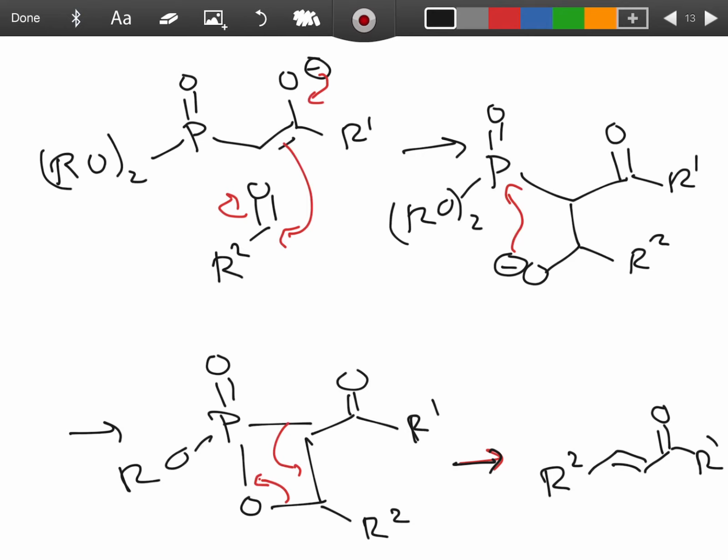This right here, this and this, are examples of what are called Zimmerman-Traxler transition states, which let you model how the nucleophile, the thing that's adding to the aldehyde, and the aldehyde interact by making a six-membered ring, a cyclohexane chair, where the metal from your base is bound to the oxygen of the enolate and then coordinates to the aldehyde.